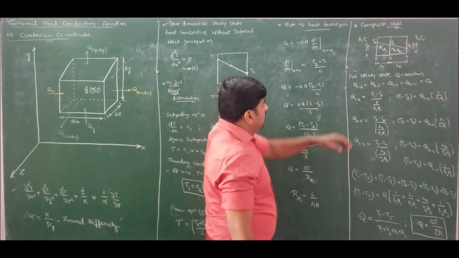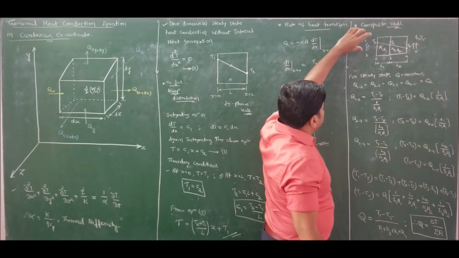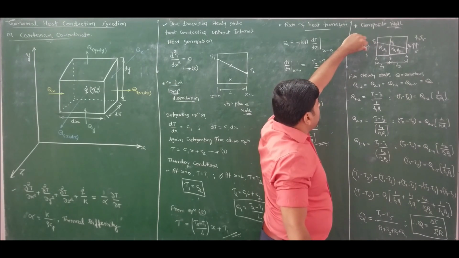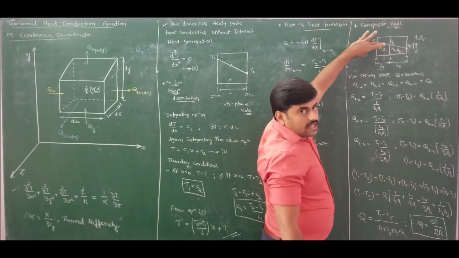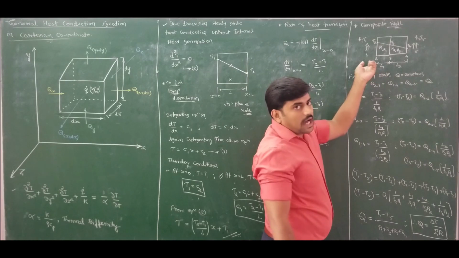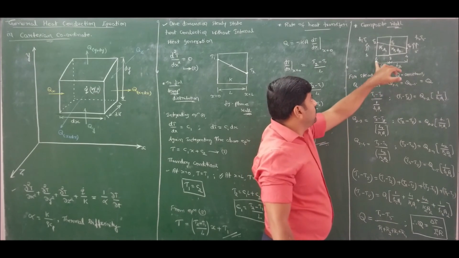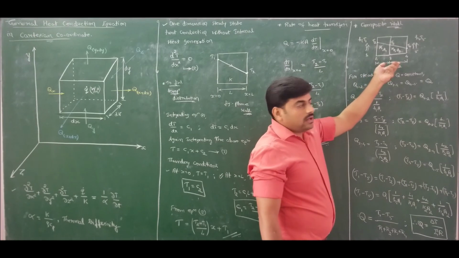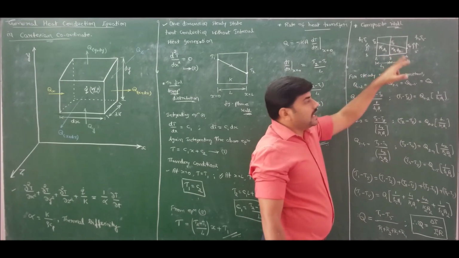And also, if I want to write the heat transfer between 1 and 3, I can write Q is equal to T1 minus T3 divided by two resistances, R1 plus R2. Similarly, between 2 and 4, it is T2 minus T4 divided by R2 plus R3.